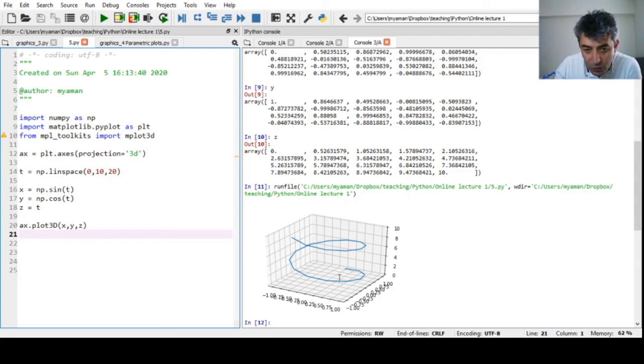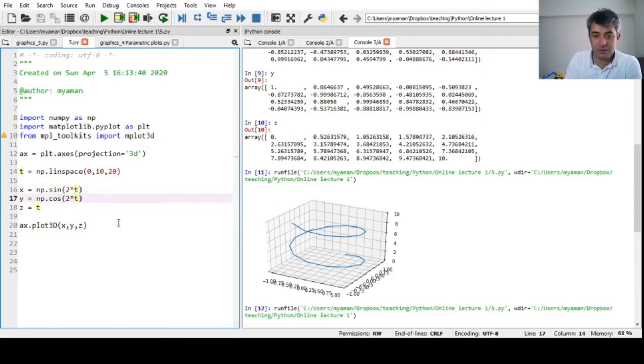There is the projection, or rather the trajectory, of my particle, starting from 0 and 1 and going up. So this is the z-axis, so the particle goes higher and higher as time passes, and it makes a circular motion. Let's make the circular frequency a little higher and see what the result looks like.